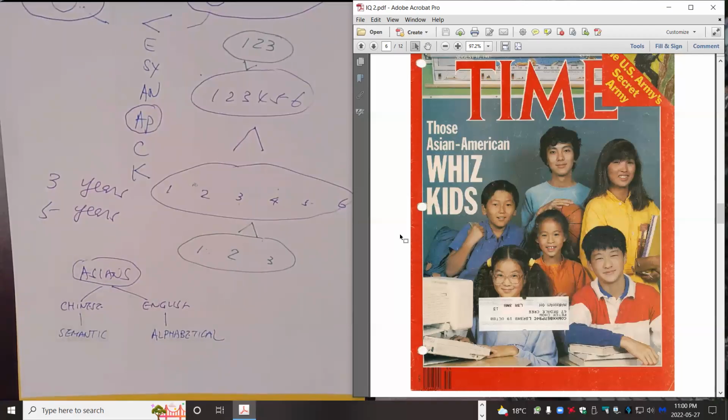Of course, there are some other minor languages, but we categorize all the languages into alphabetical and semantic. With alphabetical, you see the word, you do not see the meaning. Semantic language derived from pictograms. That is to say, you see the word, you see the meaning. That's what is meant by semantic language.